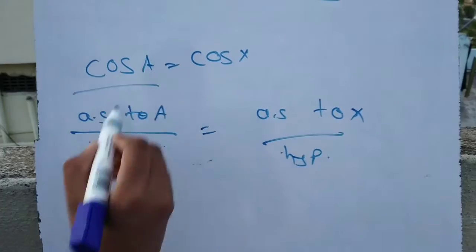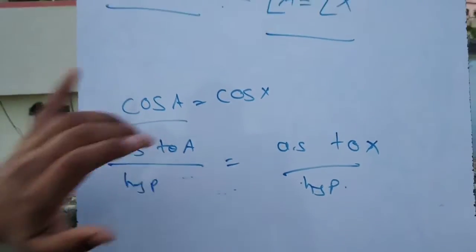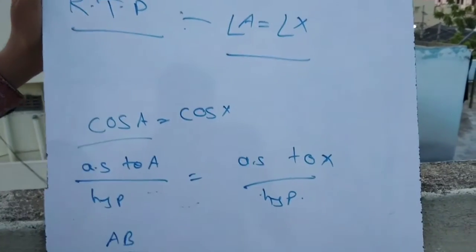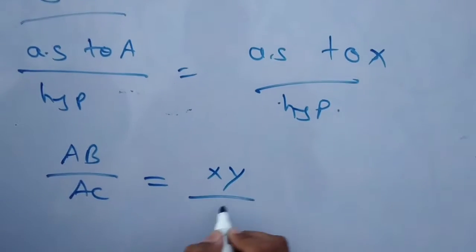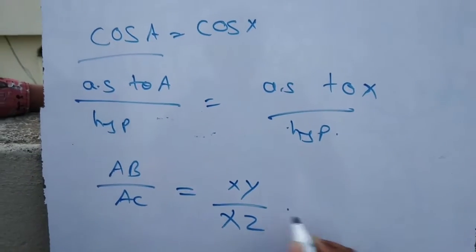This is the formula according to what we learned. And what is the adjacent side to A? That is AB. So AB by AC is definitely XY by XZ. AB by AC is equal to XY by XZ.